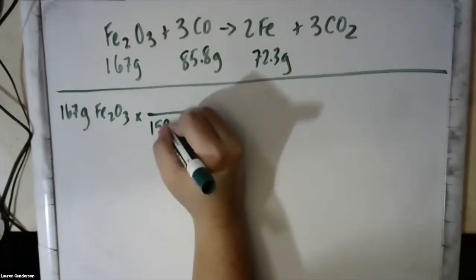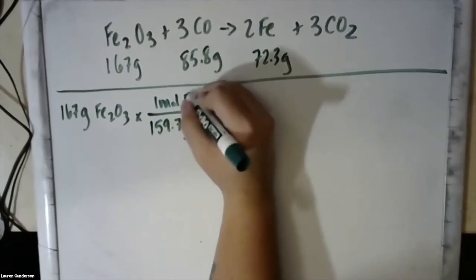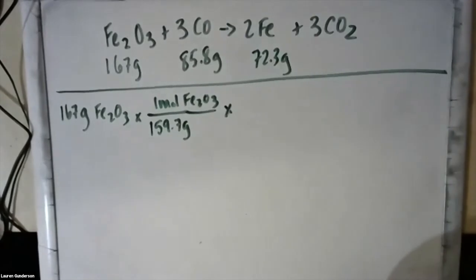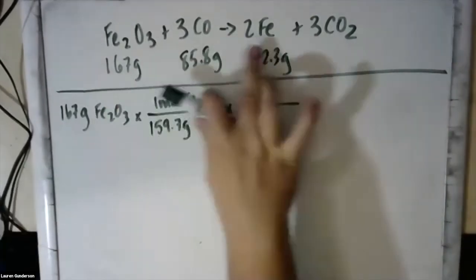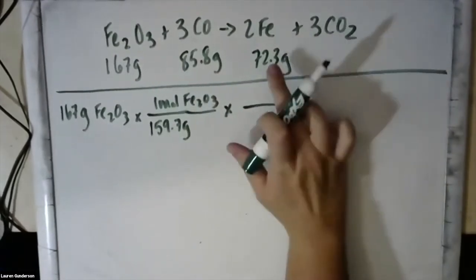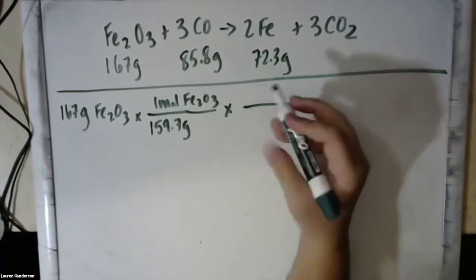I'm going to use the molar mass. Okay, and then in our next step, we're going to compare the moles of Fe2O3 to the moles of iron. And I'm focusing on iron because this is the value that the problem gave an actual yield for.